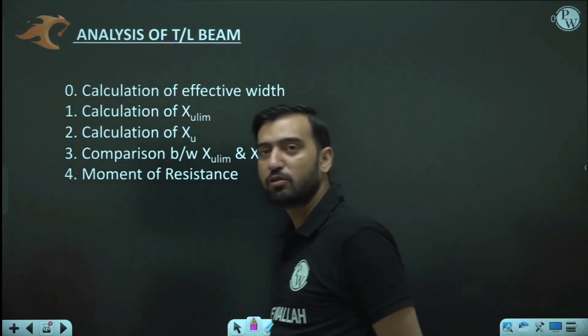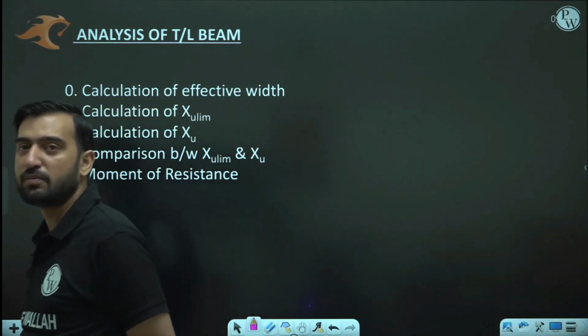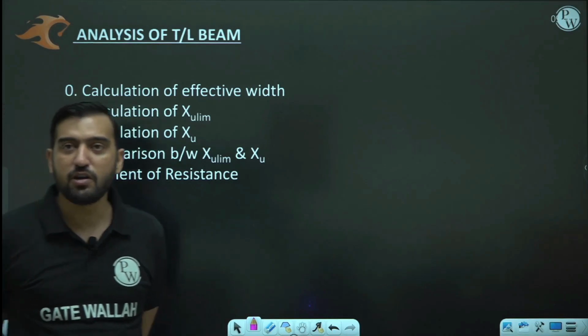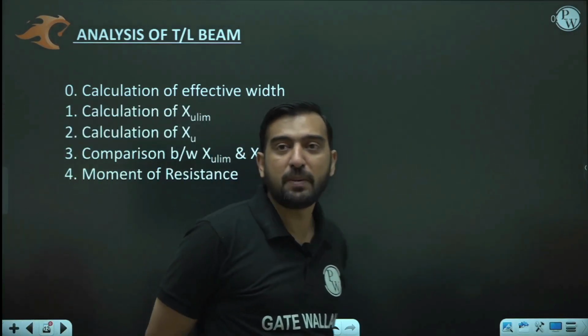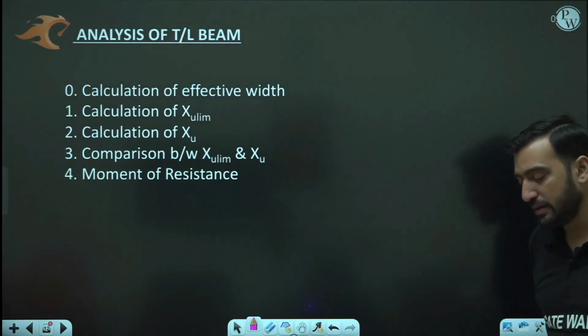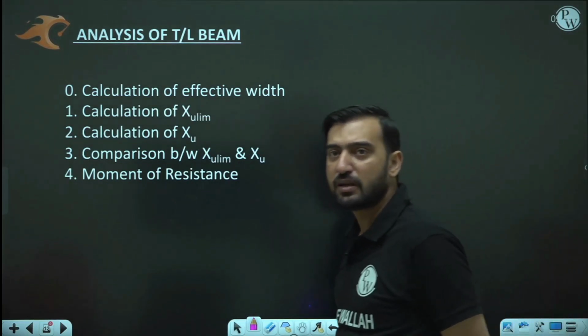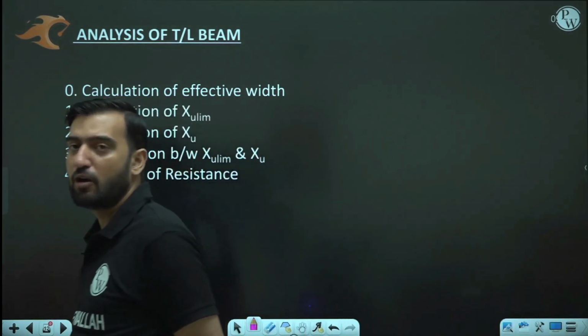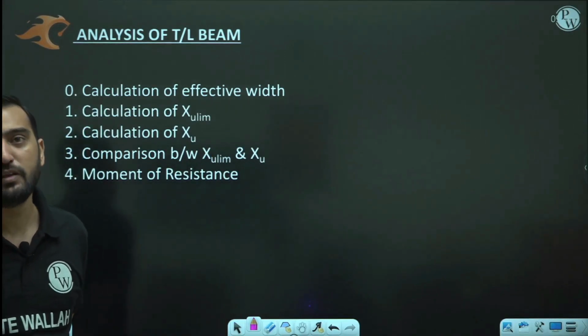So before those 4 steps, I have added one more step, that is step number 0, calculation of effective width of the flange. So depending upon the type of beam and nature of its casting, we can obtain the effective width of the flange.